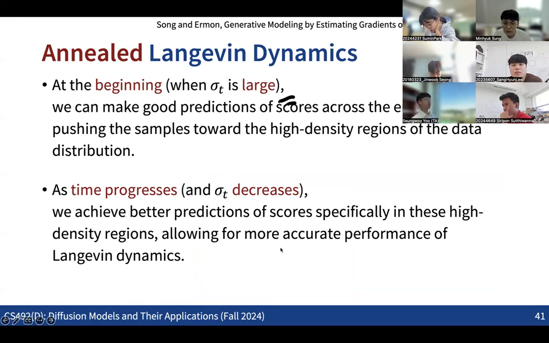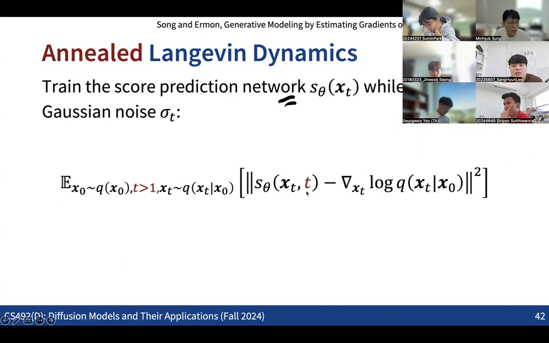So as you can see, now we want to predict the score while varying the variance of the perturbation here, right? Which means that now we need to predict the score for multiple versions of the perturbed data distributions, which means that we will need to predict the score for the varying time t here.